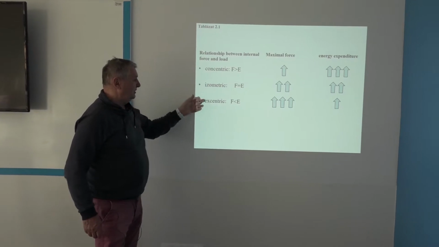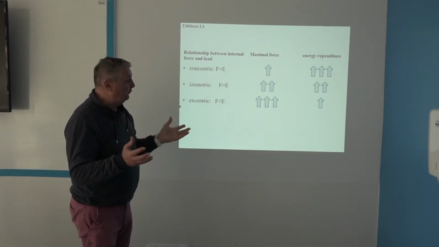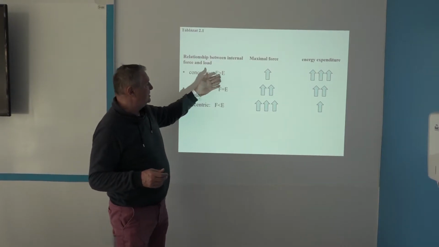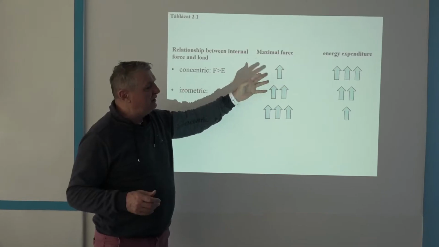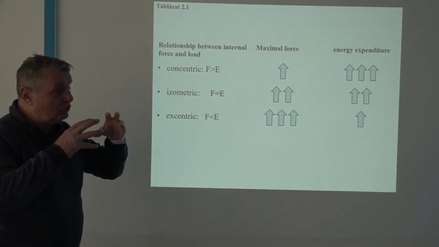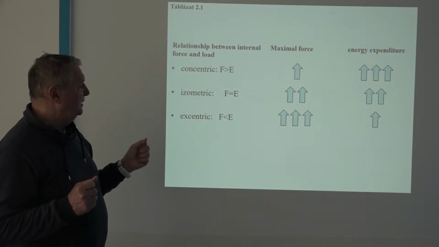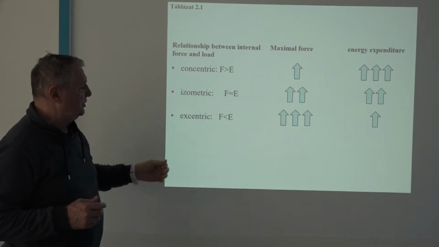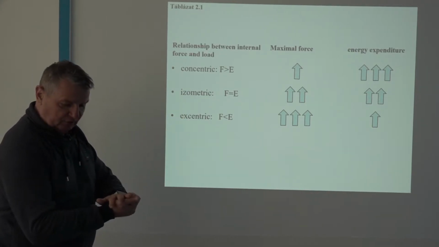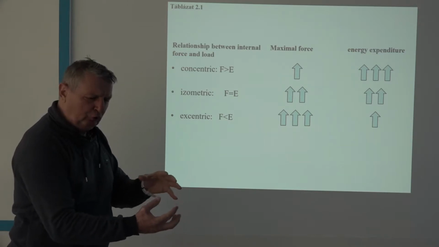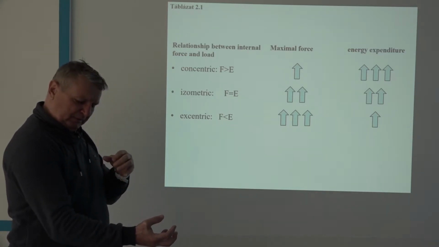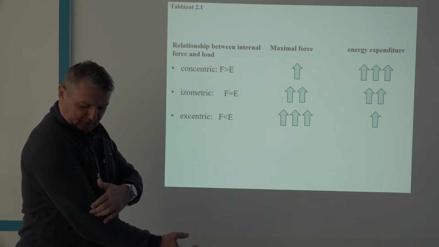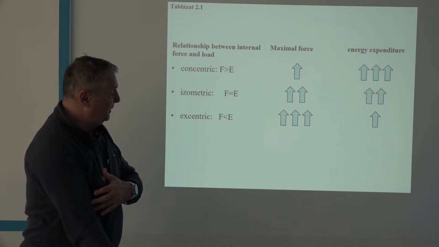concentric, isometric, and eccentric. If you see the maximal force, surprisingly, in case of concentric exercise, we can achieve the smallest maximal force, which can be increased if we switch to isometric contraction. And in case of eccentric contraction, when you put a lot of load, then your muscle can achieve bigger force, although the angle is getting bigger and bigger.